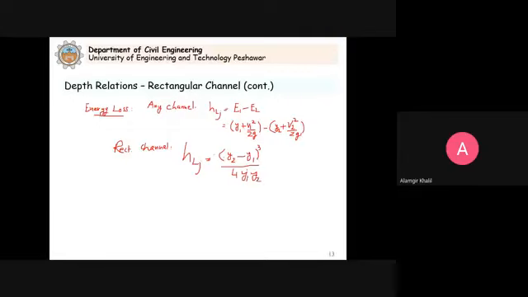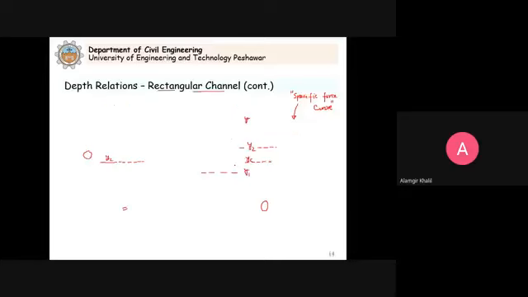This equation we can prove for a rectangular channel. So you use the above equation, either this one or this one, you will get the same answer. Clear? The below equation is applicable for rectangular channel.